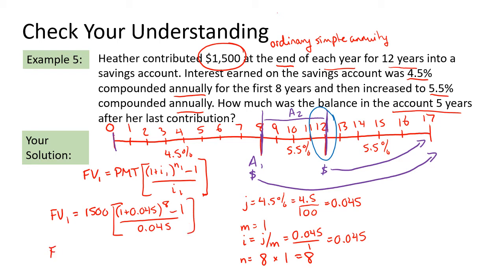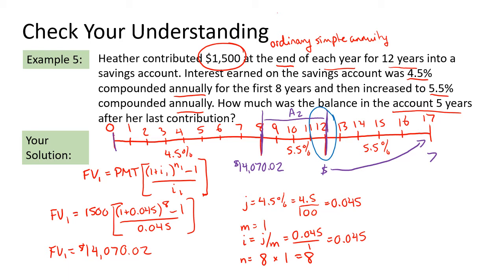If you calculate that value out, you get $14,070.02. That is the value of your first piece of the annuity, before the interest rate changed.